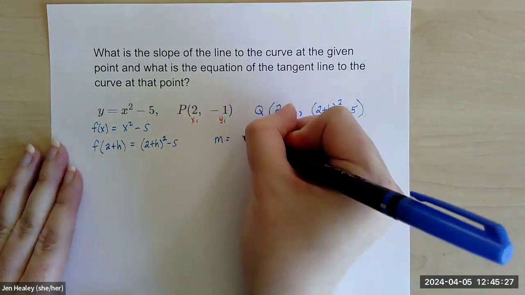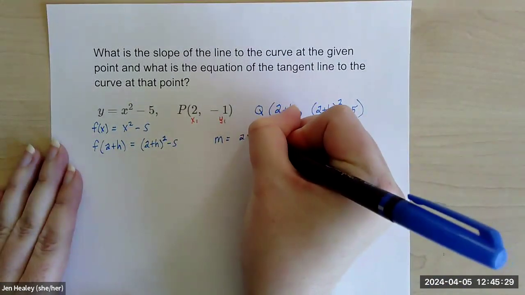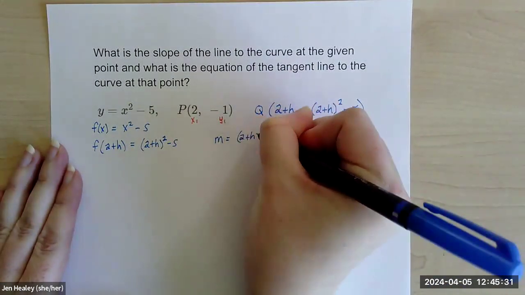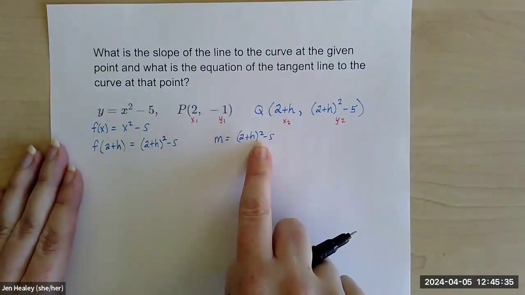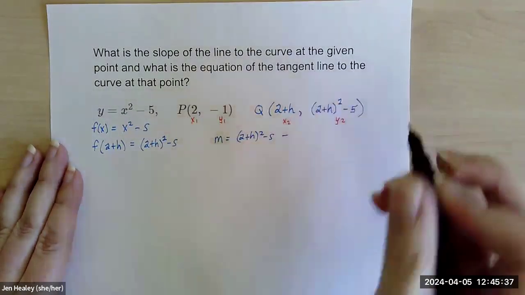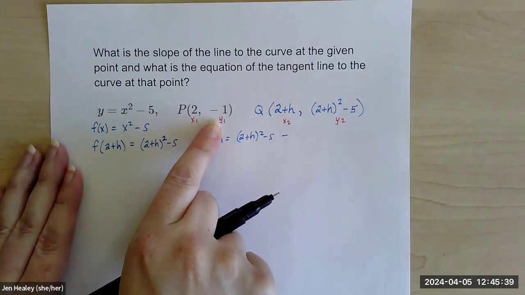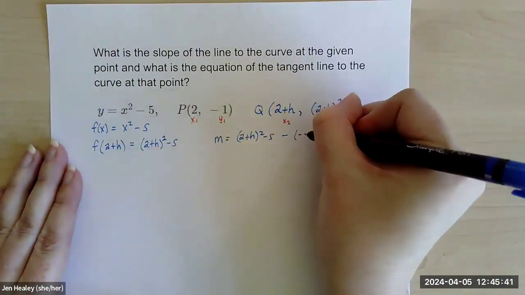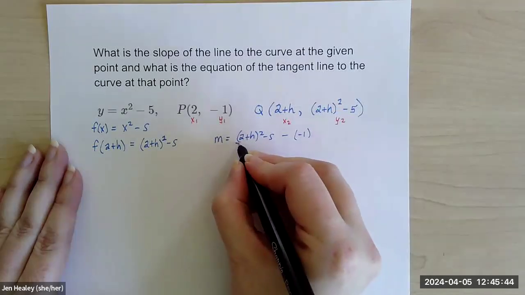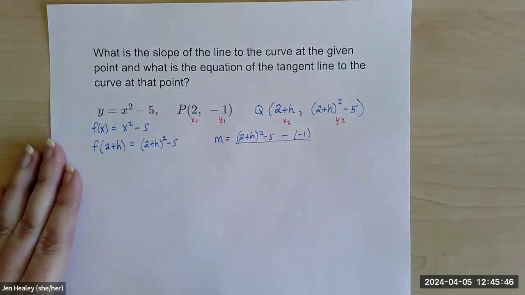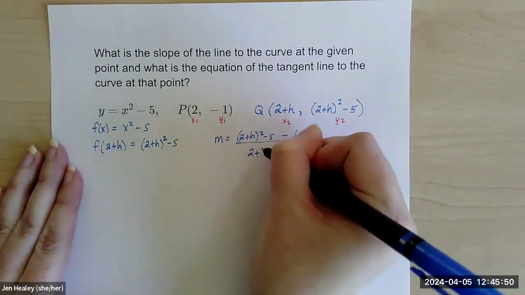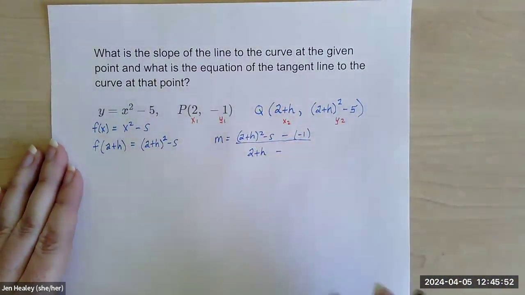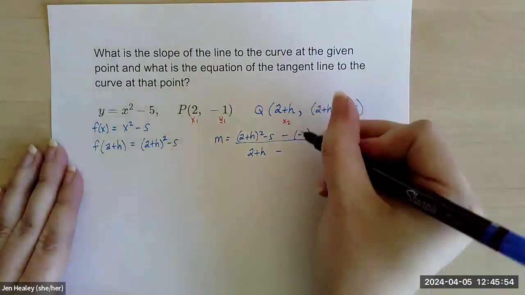So I'm going to write my y2 is 2 plus h squared minus 5. That's my y2. Then I'm supposed to subtract y1, which is a -1. So it's subtract a -1 over my x2, 2 plus h, minus my x1, which is 2.